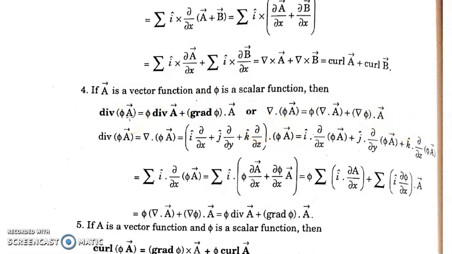Again here also we will use the properties of differentiation. For divergence of phi A, that is del dot phi A. Del is the operator I dou by dou x plus J dou by dou y plus K dou by dou z. Take the derivatives component wise.